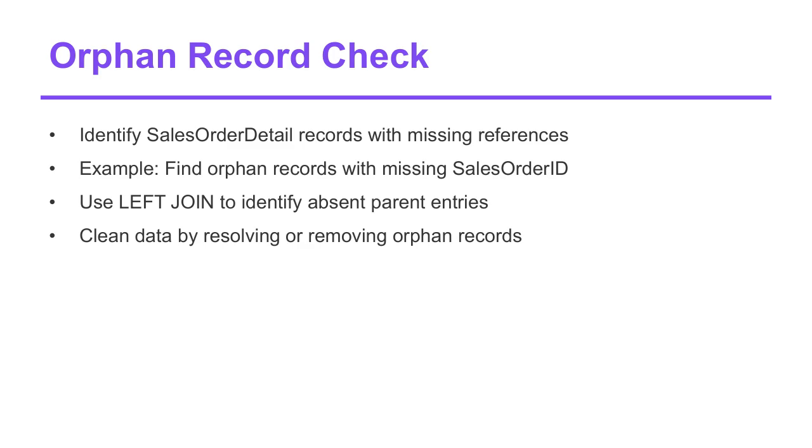This join lets us spot detail records where the matching parent doesn't exist by returning null values in the parent columns. Once identified, it's important to clean the data either by correcting the missing references or removing the orphan records altogether, ensuring the integrity of relationships and overall database quality.